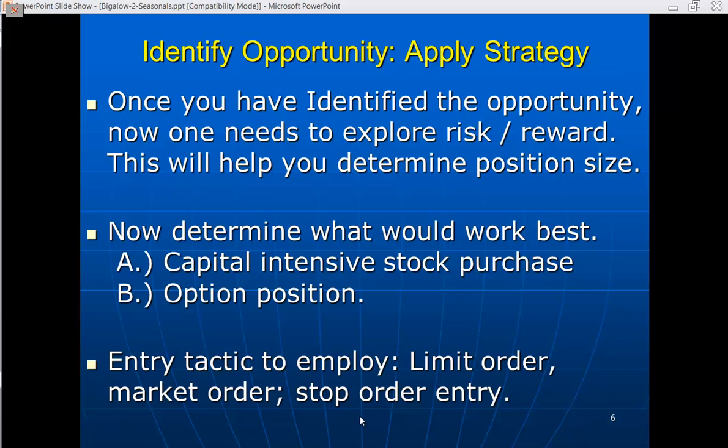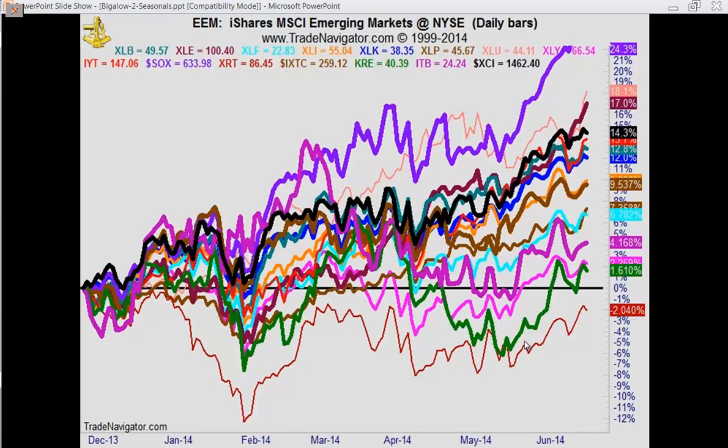So it all comes down to being able to understand what phase of a bull market it is in and what the length of a bull trend might be, or the opposite is true for a bear trend. And then again, it's just a matter of selecting the strategy that you want to employ.